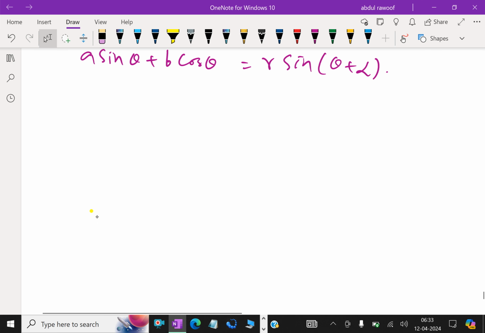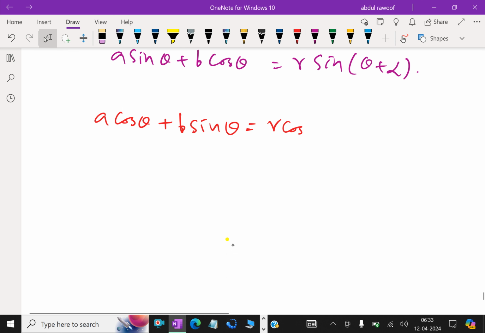A cos theta plus B sin theta can be expressed in the form of R cos(theta minus beta).